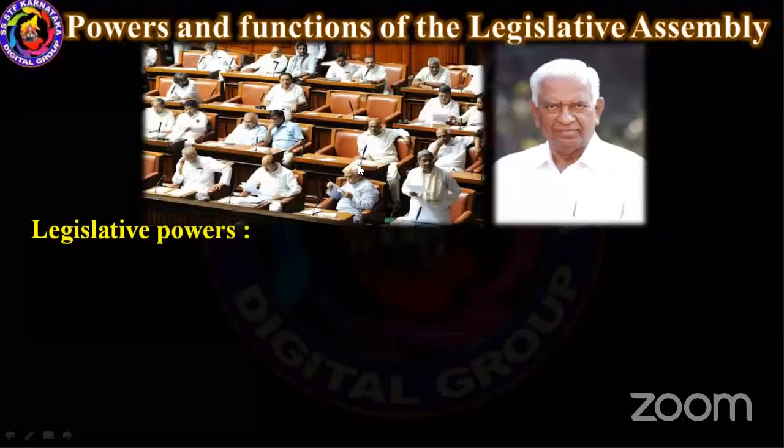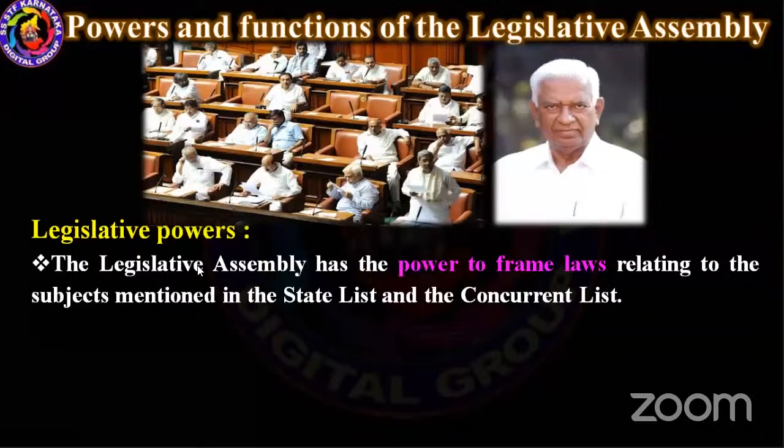This is a picture of Vidhan Sabha, which is in Bangalore. And you already know this person. He is our state governor, Vajubhai Vala. The legislative assembly has the power to make laws relating to the subjects mentioned in the state list and the concurrent list.